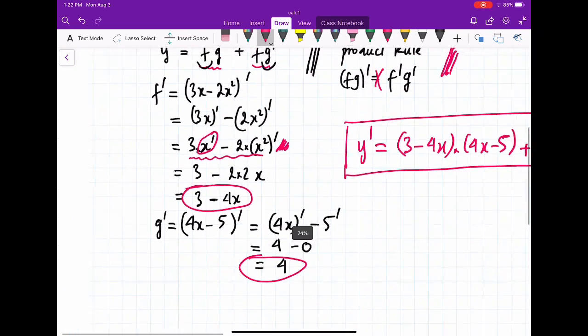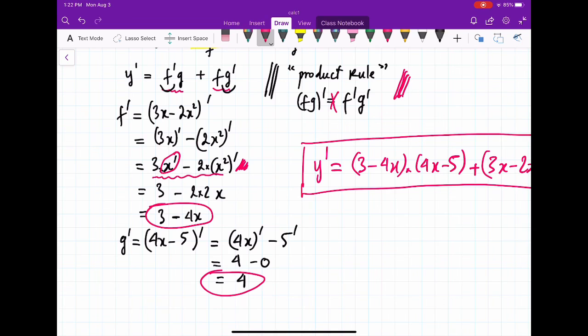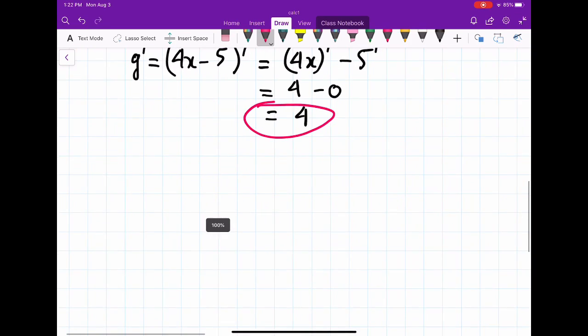All right, so that's how we can apply the product rule. Now let's move to the quotient rule.